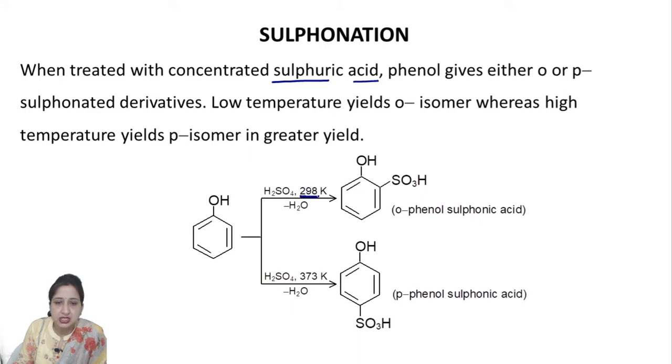If temperature is low, we get ortho product as major product, and if the temperature is high, then we get para substituted product. So when phenol is treated with sulfuric acid, again the removal of water is taking place. H from this carbon and OH from this sulfuric acid. So the removal of water is taking place.